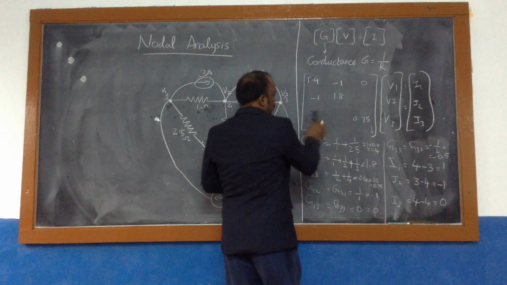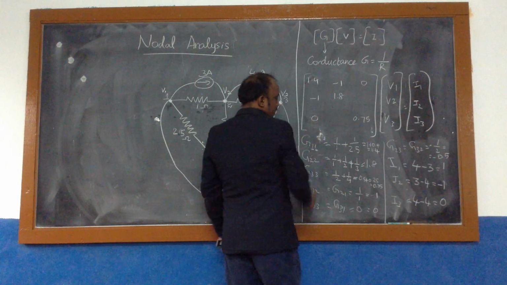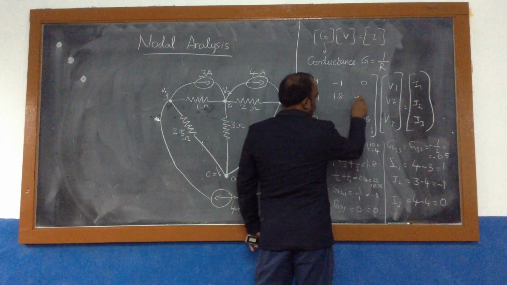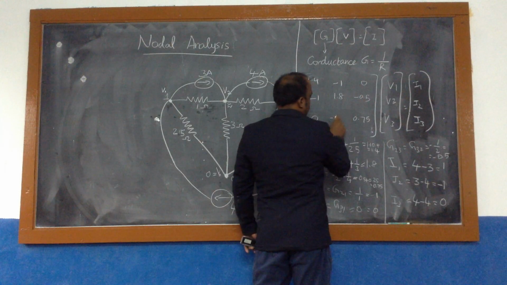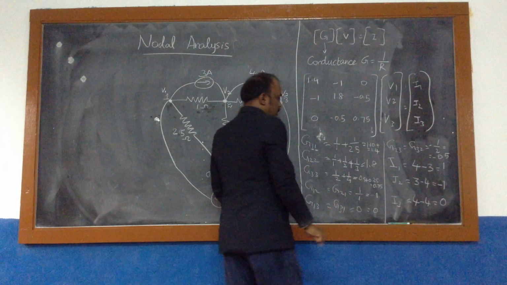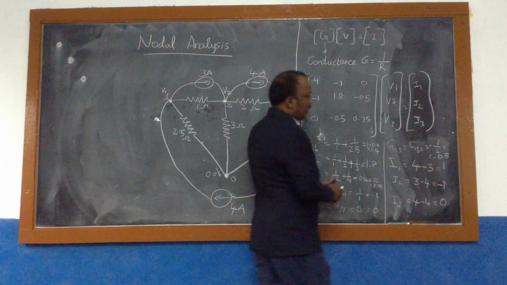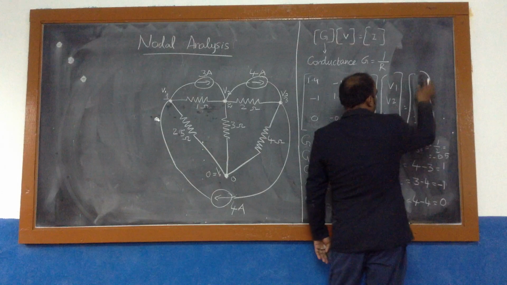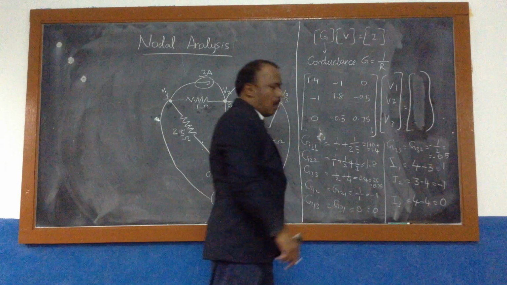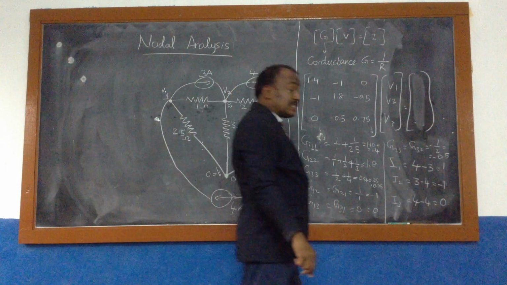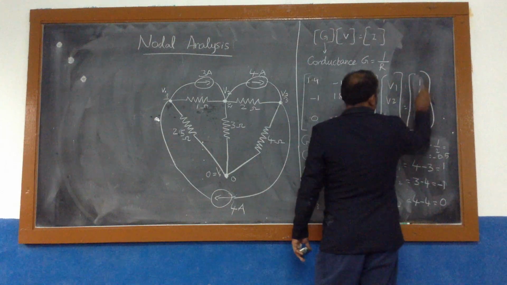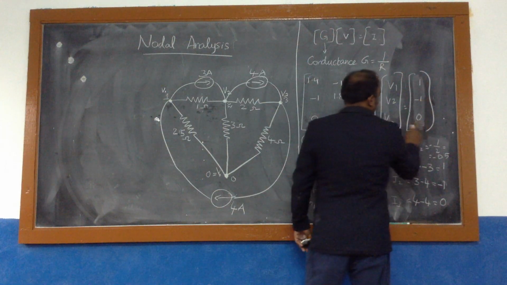Sorry, this one should be 0. And then -0.5, -0.5. All these values are calculated. Now I also need the current values: 1, -1, 0.